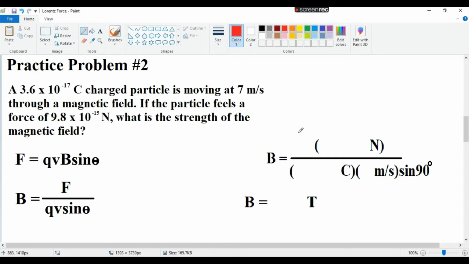And so for this one, newtons is on top, so we have 9.8 times 10 to the negative 15th. Don't mind my writing. And then coulombs are 3.6 times 10 to the negative 17th.